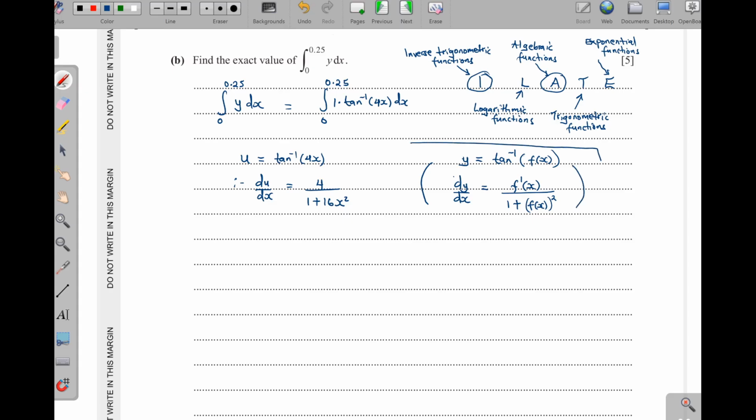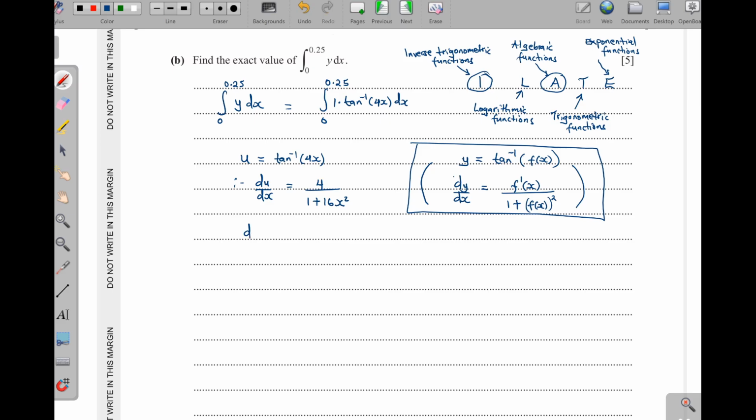This one will help you. Don't you see that what is here is the derivative of this one? And then down here we have 1 plus this one squared inside. So that is that.